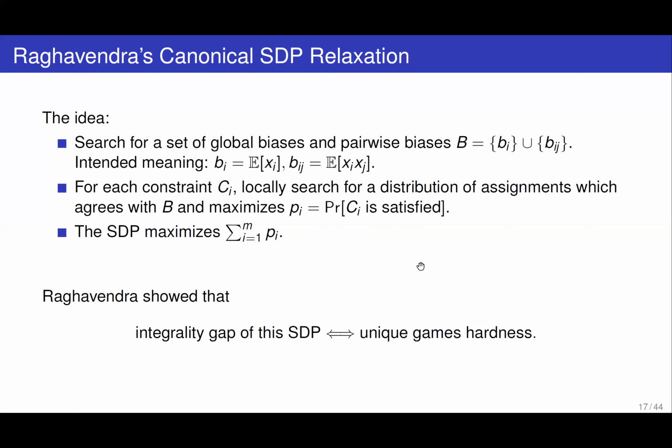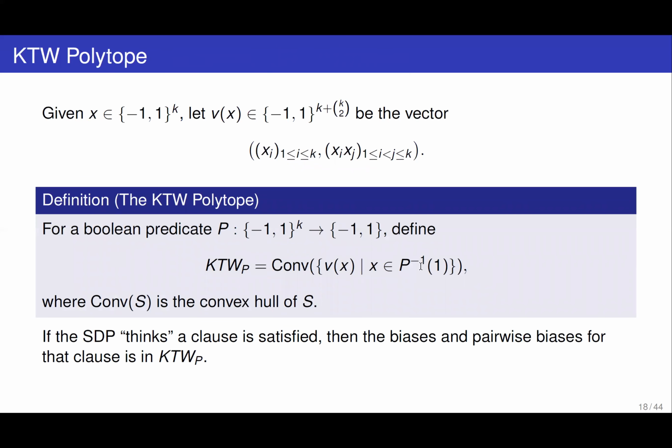Raghavendra showed that the integrality gap of this SDP is essentially equivalent to the unique games hardness of the CSP. So if the unique games conjecture is true, then this is the best SDP relaxation we have. For us, it is more important to understand what kind of biases and pairwise biases this SDP gives us. For this matter, we define the KTW polytope. Given x in {-1,1}^k, let v(x) be the vector obtained by concatenating x with its pairwise products.